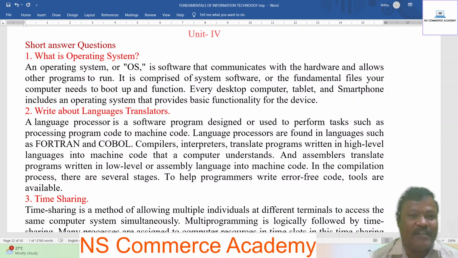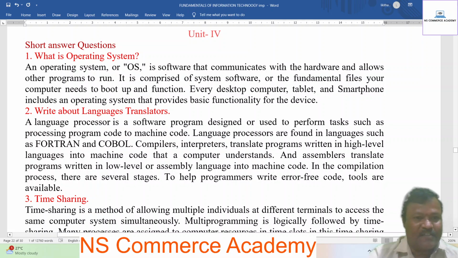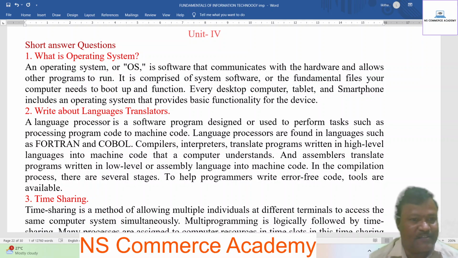Next, write about language translators. A language processor is a software program designed or used to perform tasks such as processing program code to machine code. Language processors are found in languages such as Fortran and COBOL. Compilers and interpreters translate programs written in high-level languages into machine code that the computer understands.